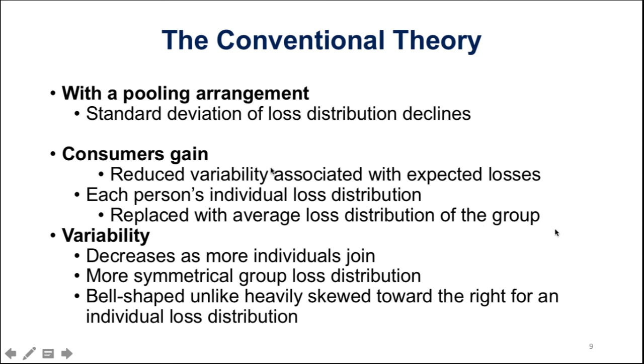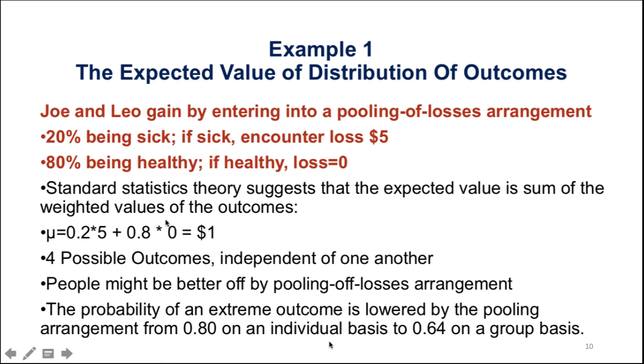So by getting into the pooling arrangement, your loss in case of becoming sick will be smaller. The variability decreases as more individuals join the pooling arrangement, and statistically we say the group loss distribution is more symmetrical, more bell-shaped, unlike the individual loss distribution, which is heavily skewed to the right. Now, let's go through that with a numerical example.